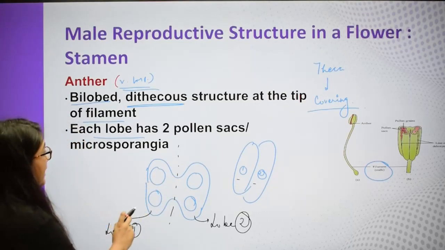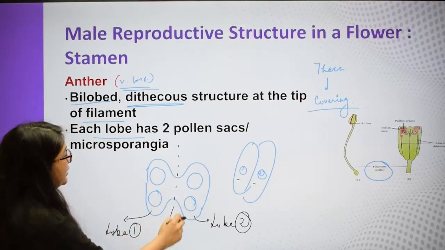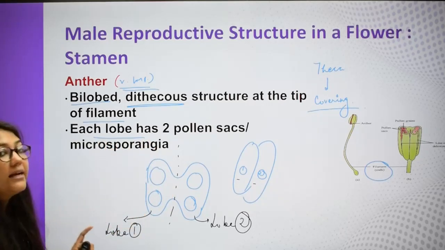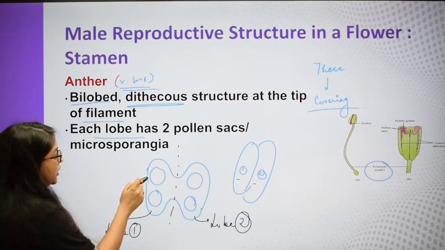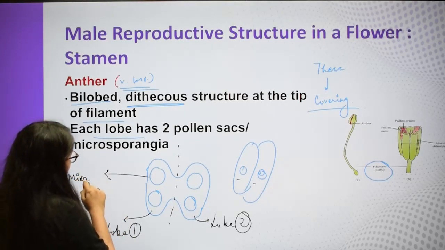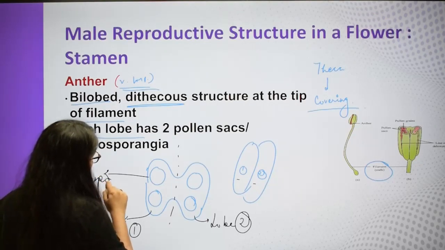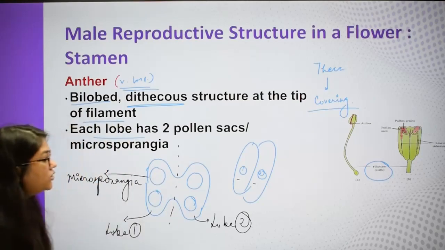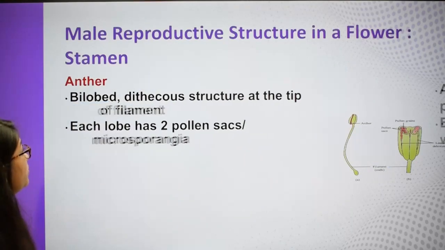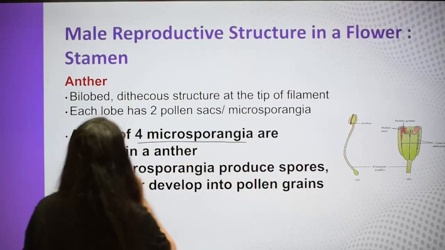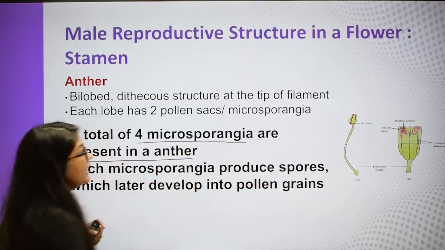How many? In each lobe there are 2 sacs. So that is what this line is saying. Each lobe has 2 pollen sacs called microsporangia. This is microsporangia.